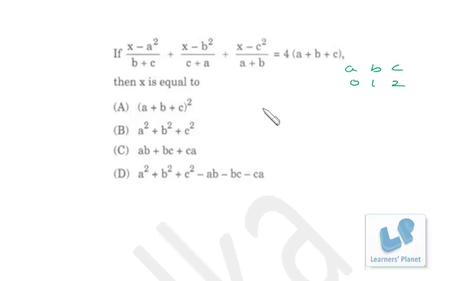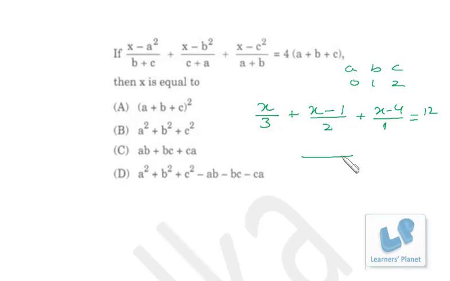Now (x minus a square) upon (b plus c), that is x upon 3, plus (x minus b square) by (c plus a), that is (x minus 1) upon 2, plus (x minus c square) upon (a plus b), that is (x minus 4) upon 1, equals 4 times (a plus b plus c). So 4 times 3, that's 12.